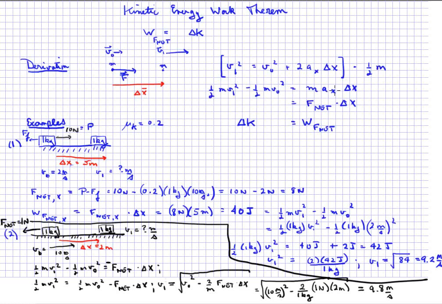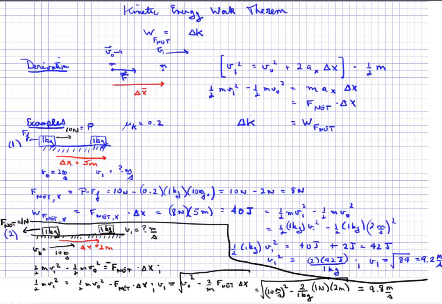By Newton's second law, m times a sub x is F net, and so I can replace this with that. And F net times delta x is the work done by the net force. That's on the right side of the equal sign.